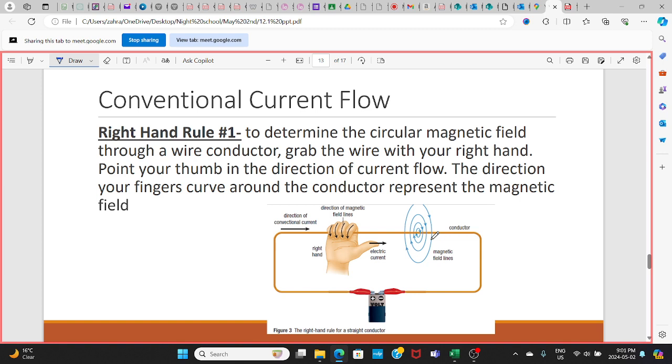If you try it correctly using your right hand, in front of the wire, your finger needs to go down. Do you see that in front of that? This is going down. I'm going to draw that here for you. The circle in front of the wire is going down, and at the back of the wire it goes up. So you really need to get that.